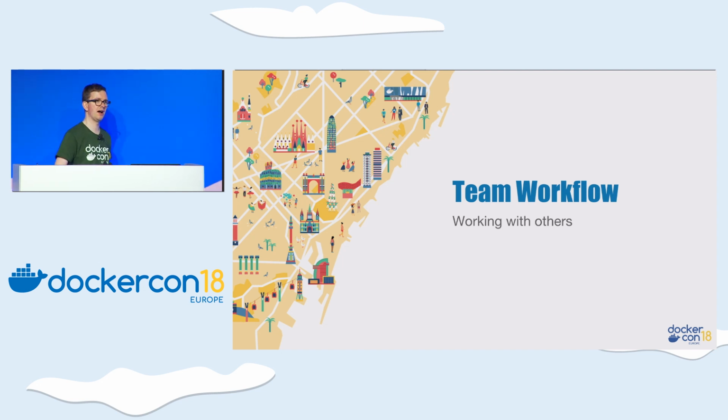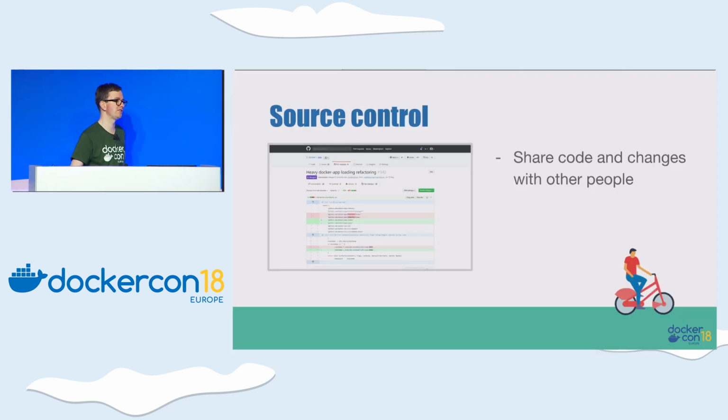All of the things so far are relevant to the individual, but most software is developed in teams, in groups. And that introduces all sorts of new parts to that workflow and the tooling that accompanies them, because fundamentally, you need to share. Source control as a system has been around a little while, but keeps getting better.